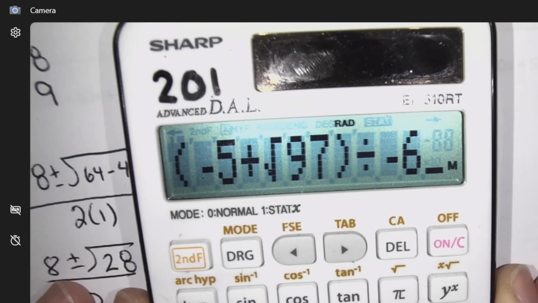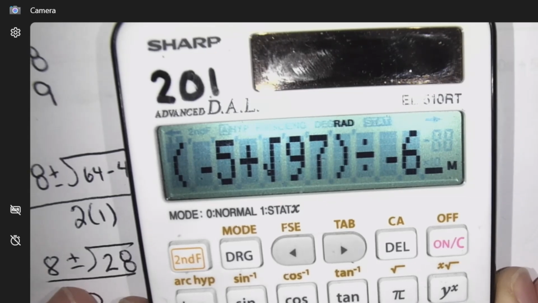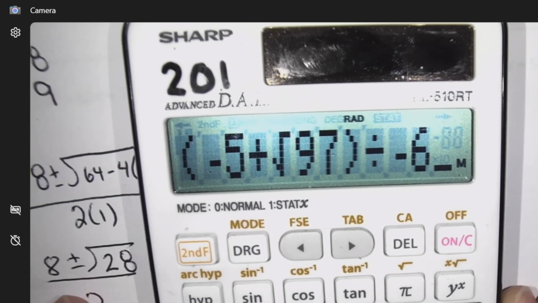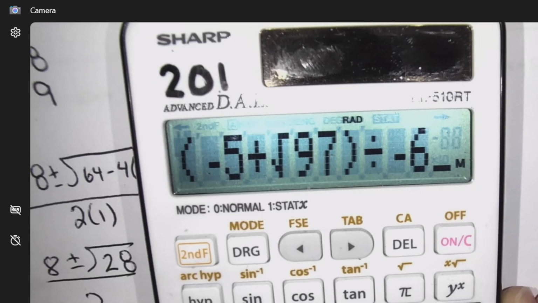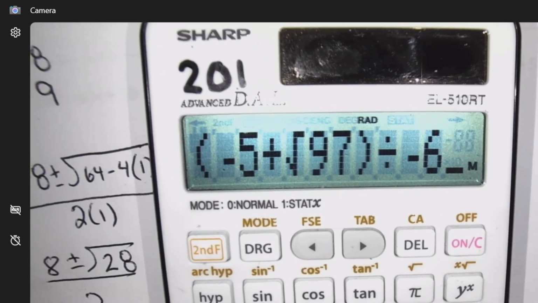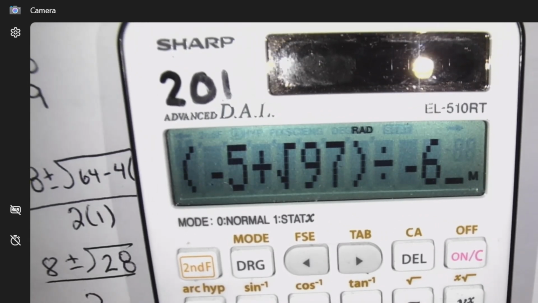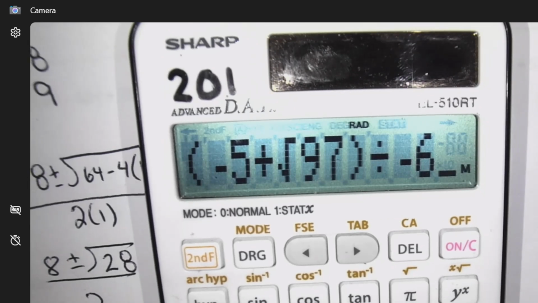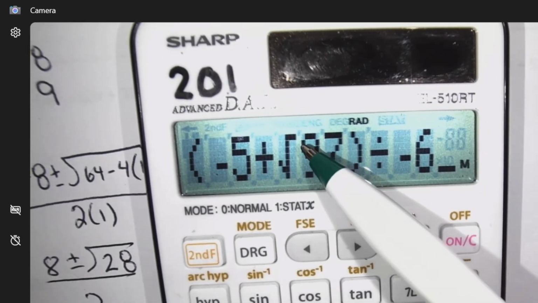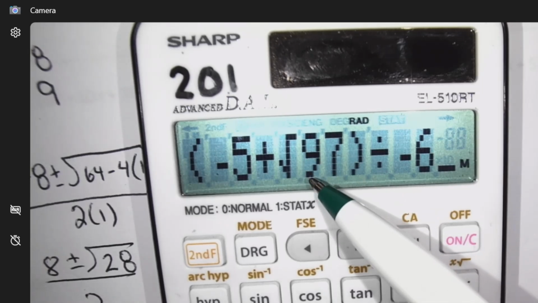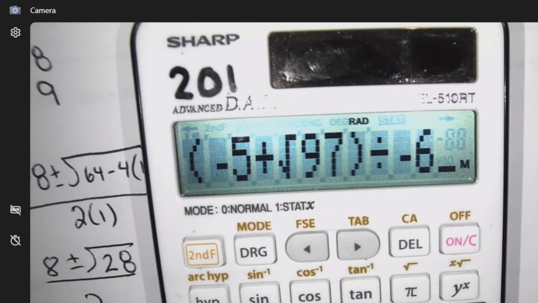Okay, so again, this is what my calculator looks like. I got those brackets. I got negative values where I need them. Some people have brackety calculators, so if you have a brackety calculator, yours will have a bracket in front and behind the 97, an extra bracket set.